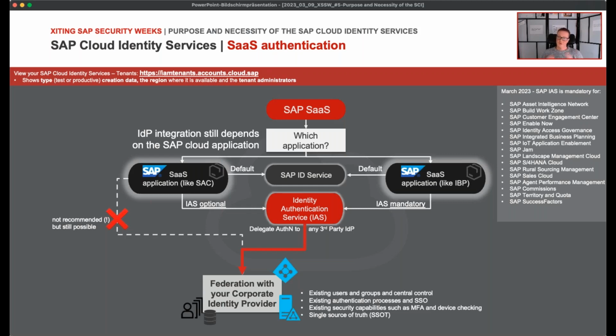In this structure, IAS acts as the main identity provider and provides a rule set that can be used to delegate authentication towards your existing IDP. And on your IDP, you still authenticate users based on your existing credentials and also security capabilities. We'll talk about this in a little more detail in a minute.